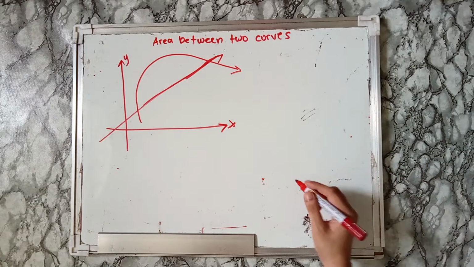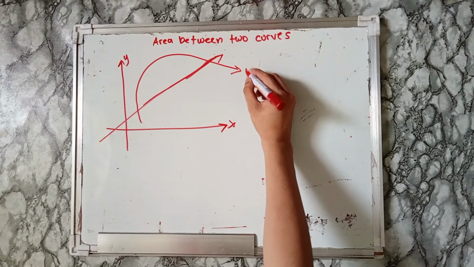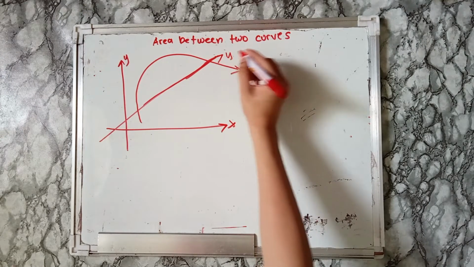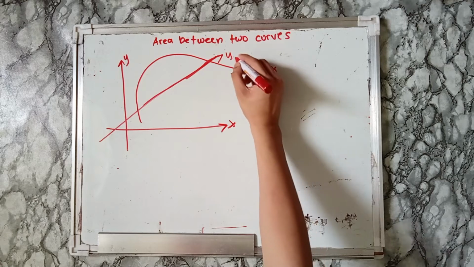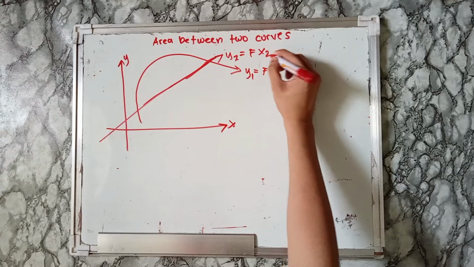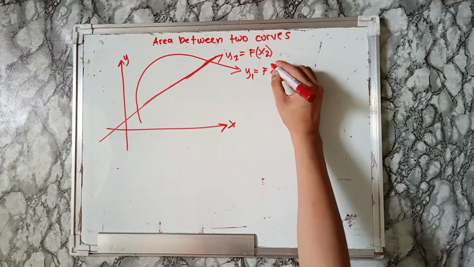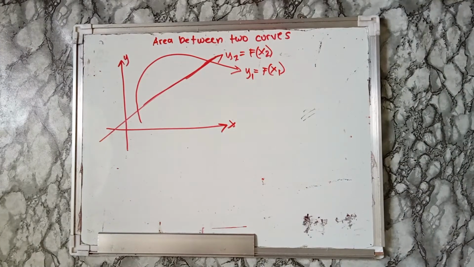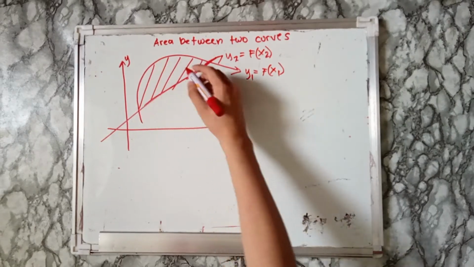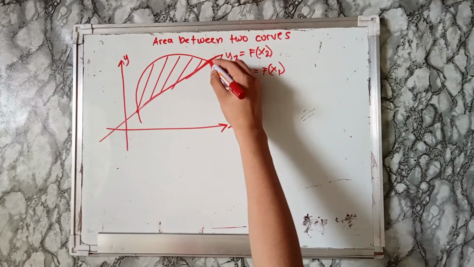Okay? Now let's label this as y1 and this as y2, equal to f of x sub 2 and f of x sub 1. So our area of interest is somewhere here. And of course, this is our intersection.